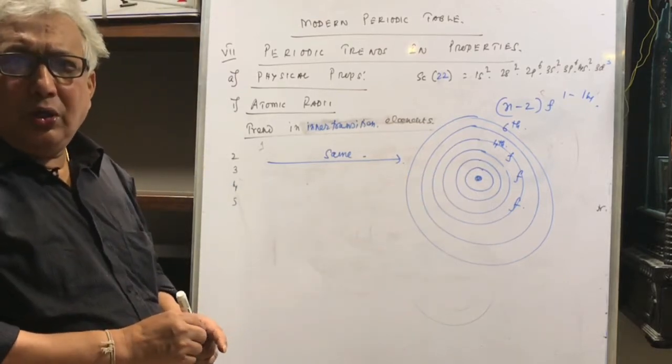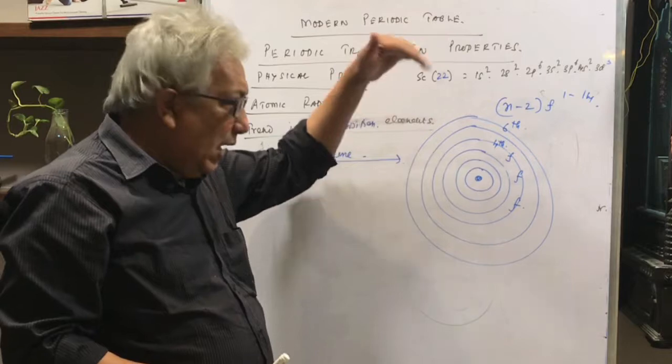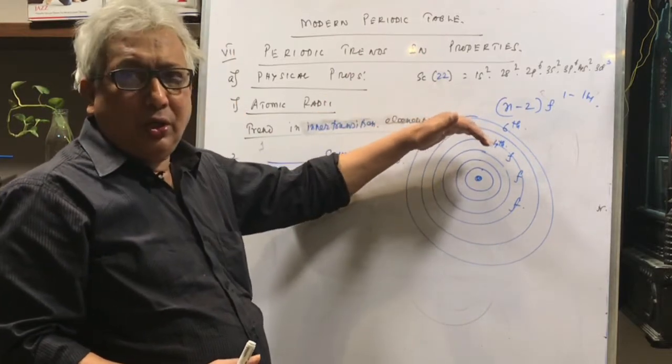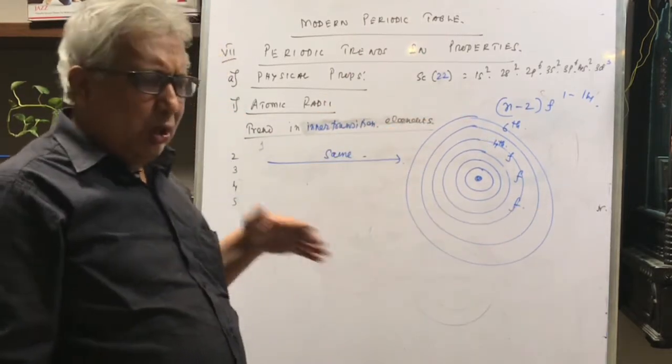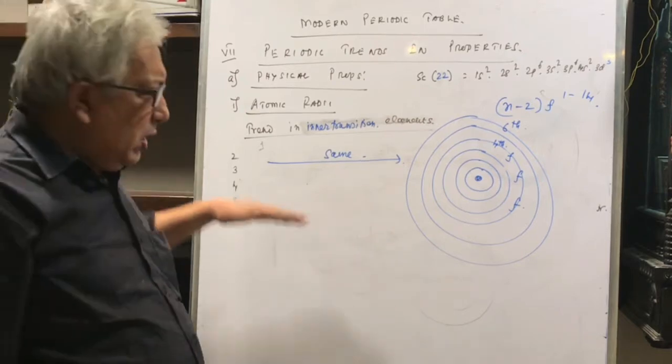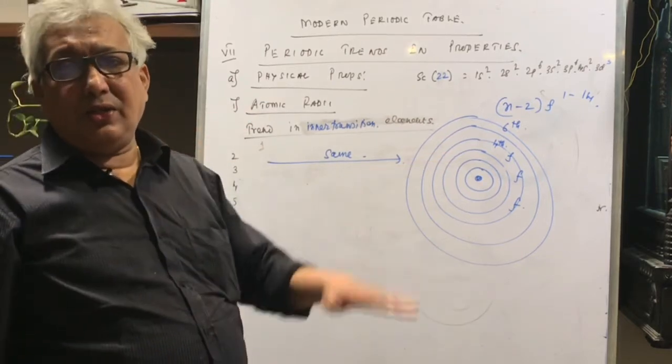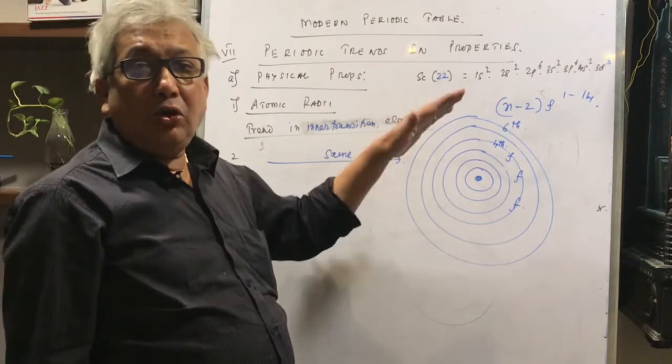There is contraction, but the contraction is less, and that less contraction in the lanthanide series is called lanthanide contraction, and that less contraction in the actinide series is called actinide contraction.